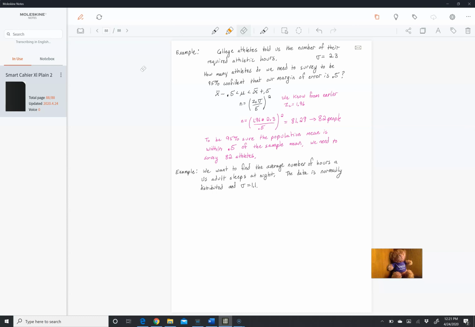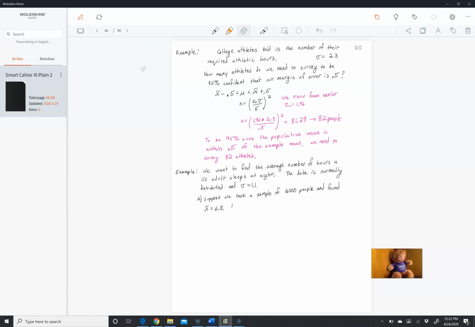So we're going to ask two questions. First question is, suppose we took a sample of 2,000 people and found that the sample mean was 6.8.